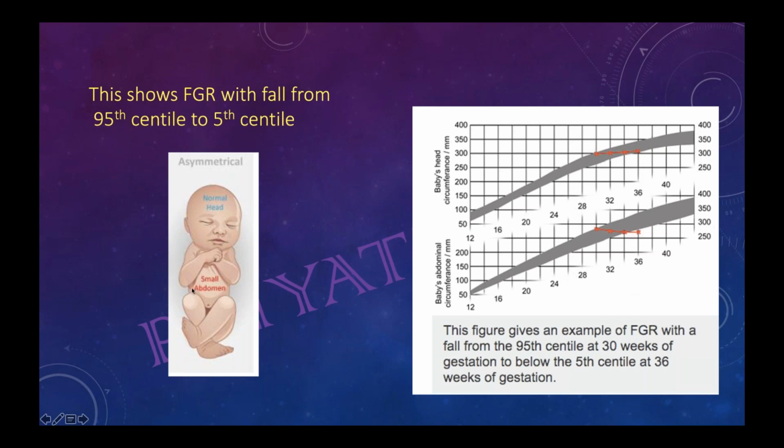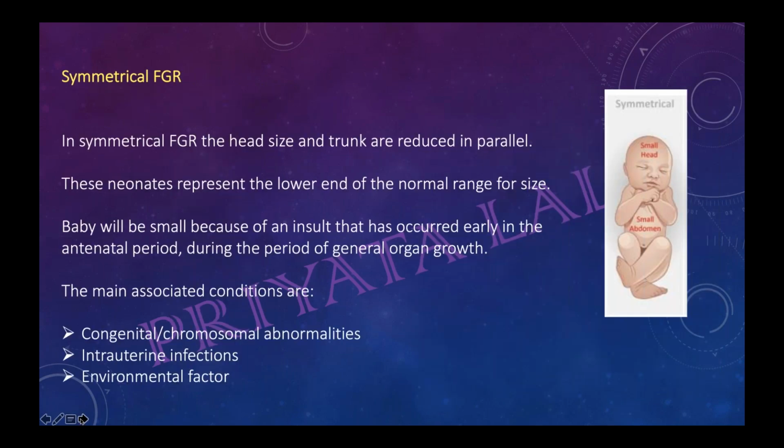Therefore, whenever we do growth monitoring, we always measure estimated fetal weight and also abdominal circumference. With symmetrical FGR, the head and trunk both will be small.